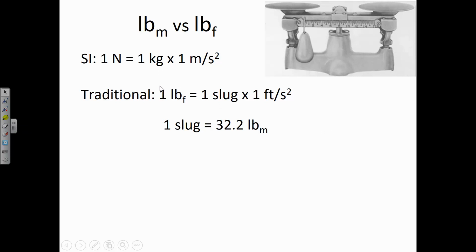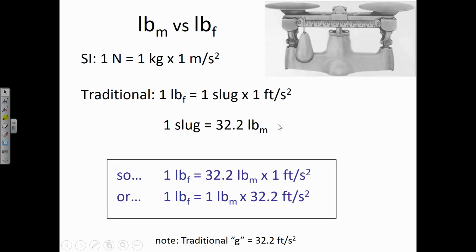So a pound of force is how much force is required to accelerate one slug at a rate of 1 foot per second squared. And a slug is 32.2 pounds of mass, which doesn't make a lot of sense until you remember that gravity is 32.2 feet per second squared, and so that's our gravitational acceleration.